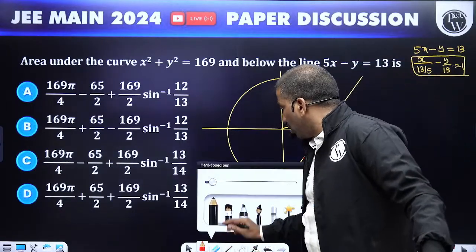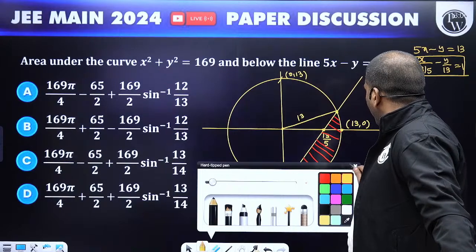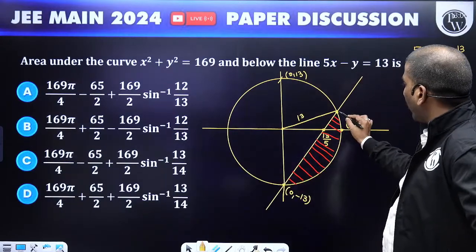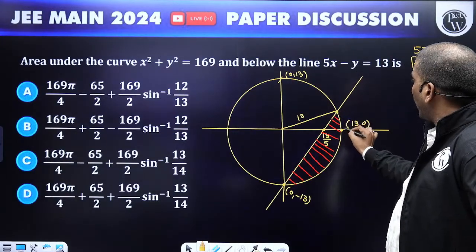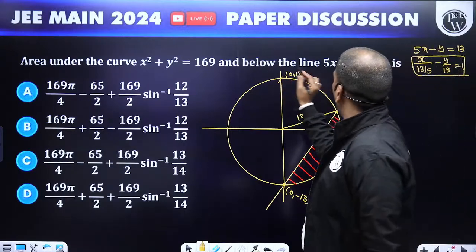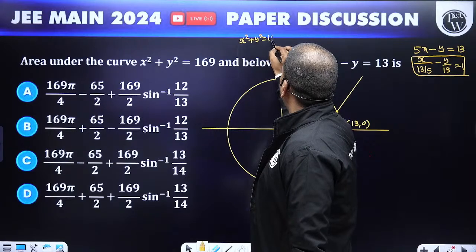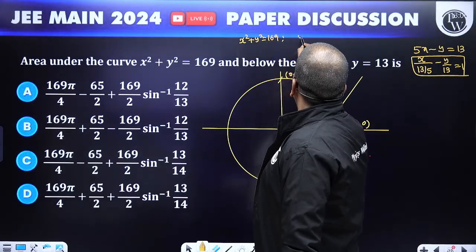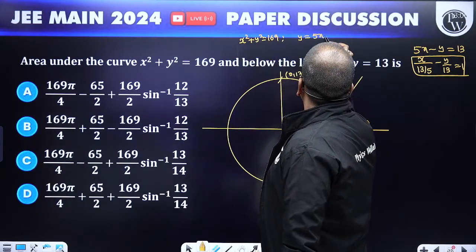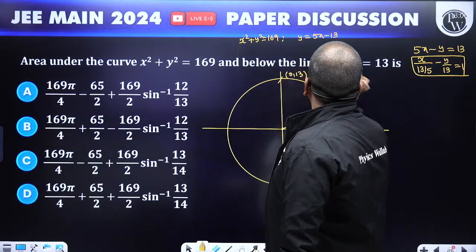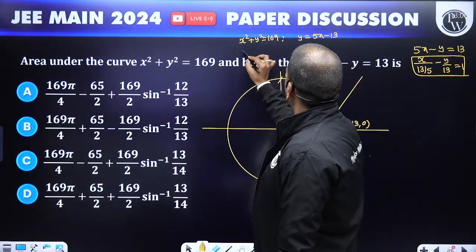As per the integration, what do we need to write? We need to find the intersection point. So what would be the point? X square plus y square is equal to 169, and y is equal to 5x minus 13. So substitute there.